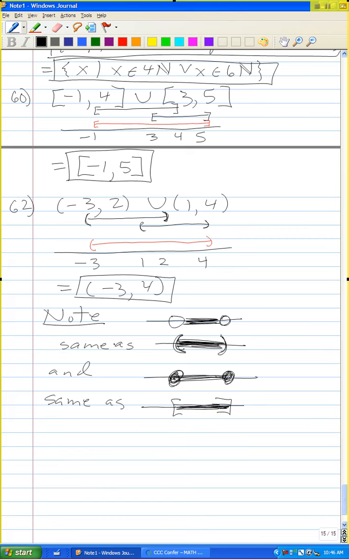Using these open brackets here means I didn't include the endpoints. Using the closed brackets means that I did use the endpoints. 64.